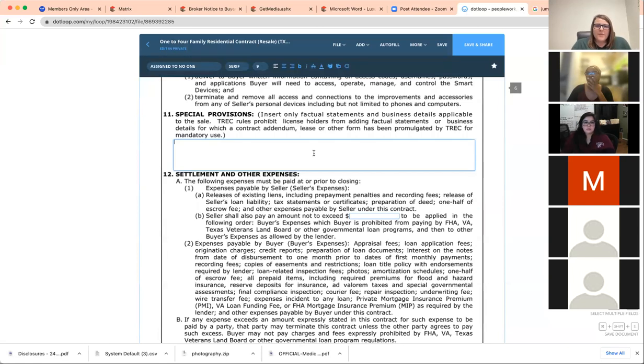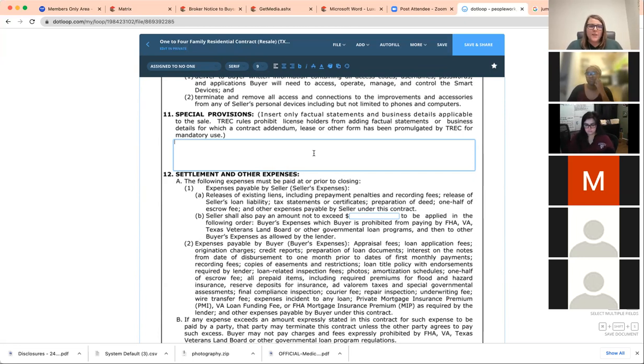Special provisions, you have been taught during your courses to not touch this section. You could be considered writing law. You can put factual statements such as buyer and seller are splitting 50% cost of title policy. Factual statement.